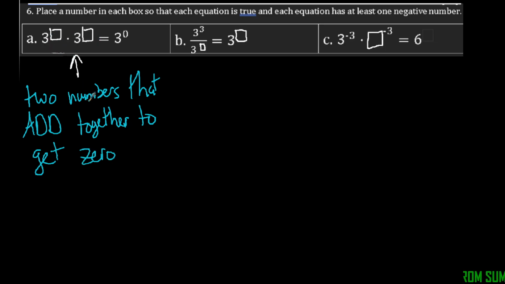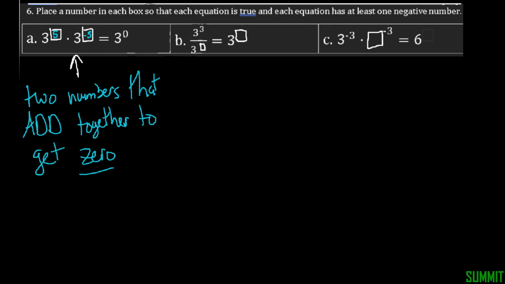So it's any two numbers that add together to give you 0. For example, 5 and -5 would be an option for that one, or 6 and -6, or 10 and -10. Any of those options would work as long as it's two numbers that add together to give you 0, because that's our exponent in the answer.